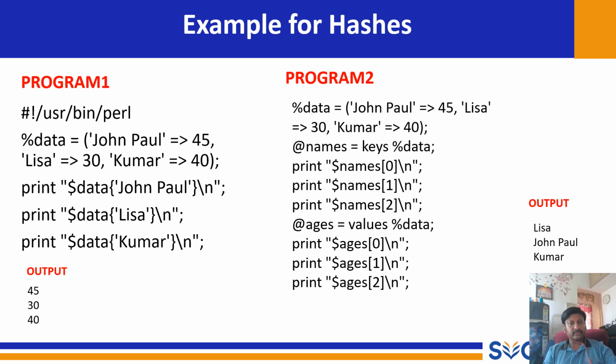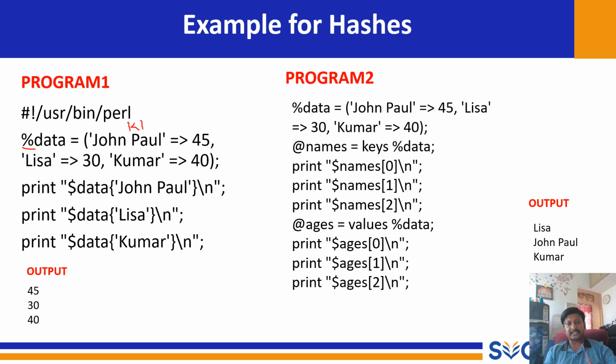So what is the major difference between arrays and hashes? Arrays have a list of scalars, but in a hash, you generally initialize with a percentage sign. And as I already mentioned, you have a set of keys and values.